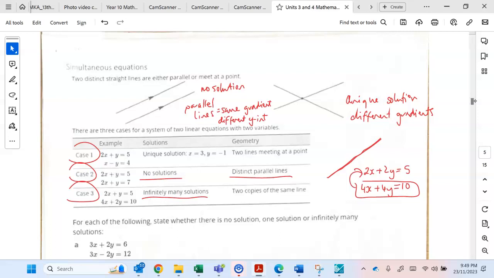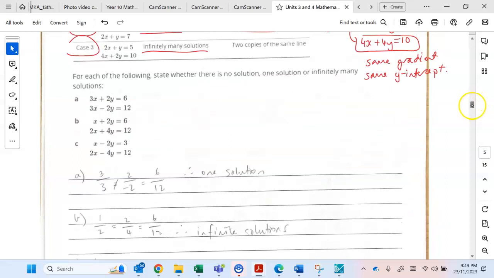Okay, so same lines have the same gradient, and because they're the same line, they actually have the same y-intercept. All right, these notes you do need to put into your bound book because this sort of stuff comes up all the time.